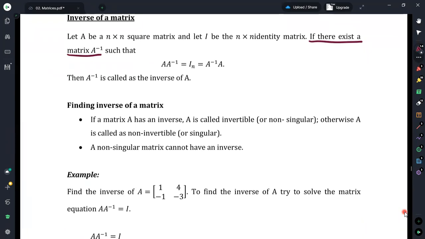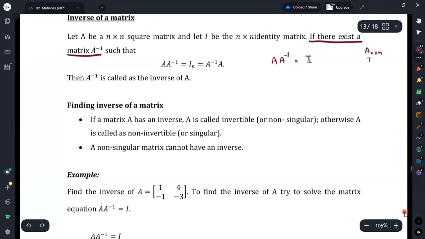If the inverse exists, then we can see this equality: if you multiply the matrix with its inverse, it will be equal to the identity matrix. Since A is n by n, the identity matrix also has order n. Therefore, A inverse also has the order n by n.